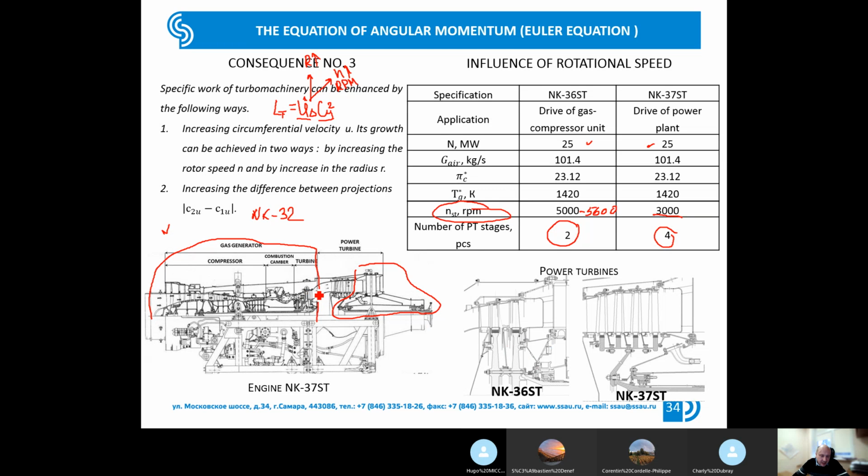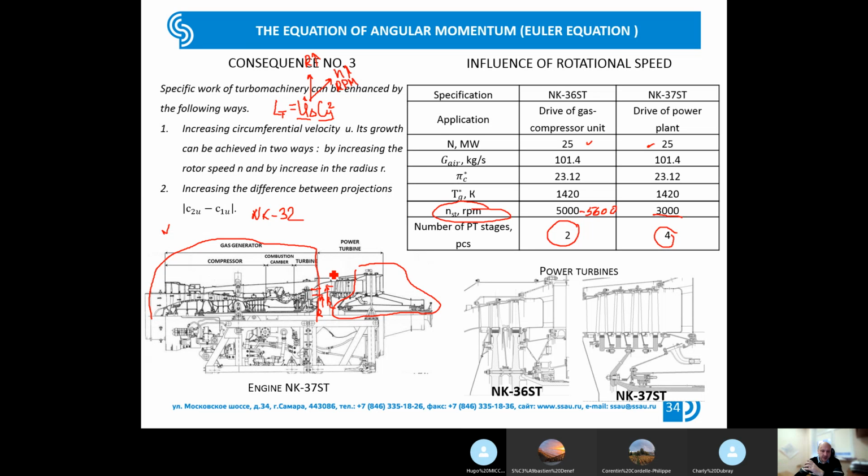And one additional moment to which I want to pay your attention. You see that the original construction of the initial engine NK32, which lies at the base of the gas generator, has a rather small radius at the outlet of the turbine. And if you look at the radius of the free turbine, you will see that the free turbine has a much larger radius.